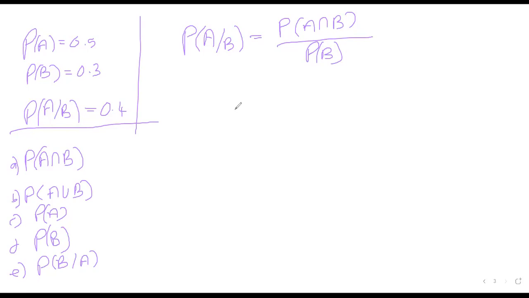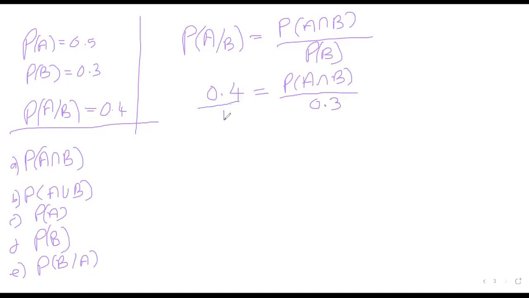What we've been given is the probability of A given B is 0.4, which is equal to the probability of A intersection B over the probability of B. The probability of B is 0.3.